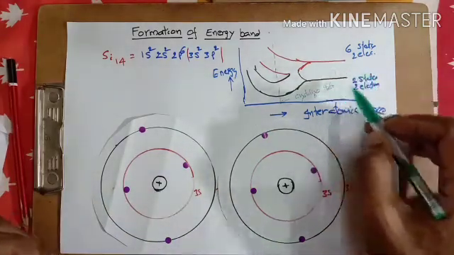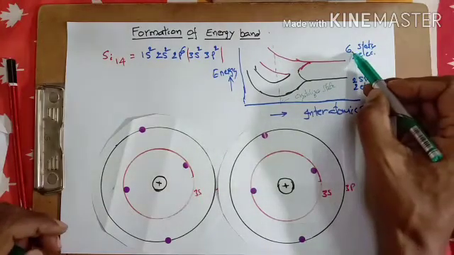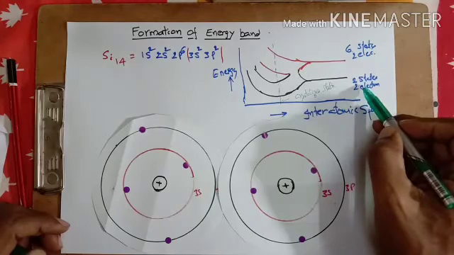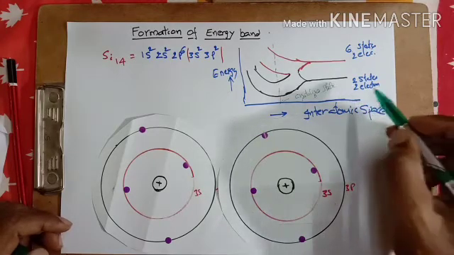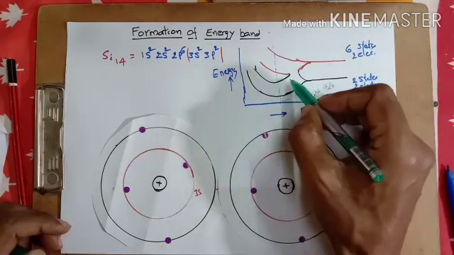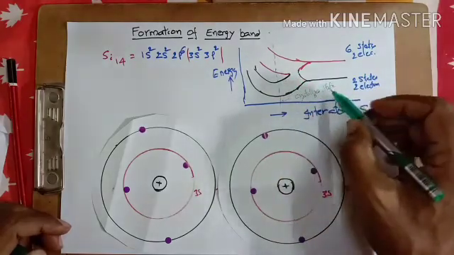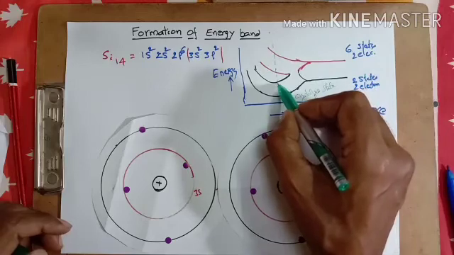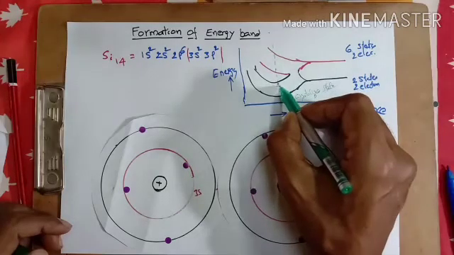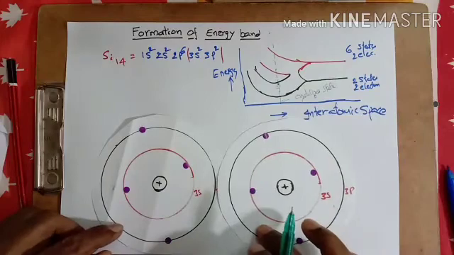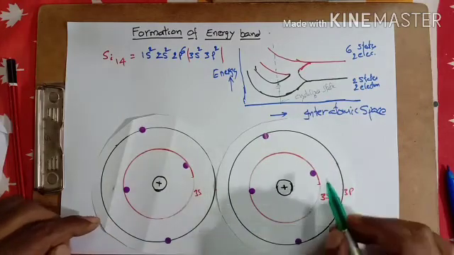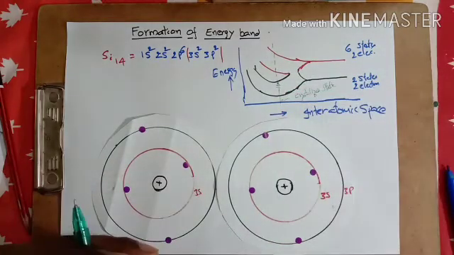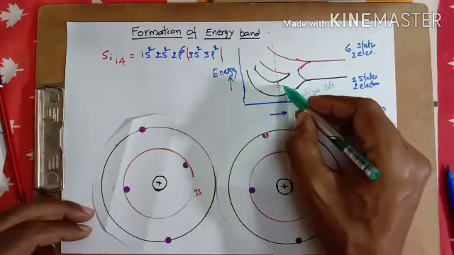Okay, now we can see what happens here. When the distance is very far between the atoms, there are 6 states in the p and 2 electrons only. There are 2 states and 2 electrons in the s. And when they come closer, what happens? They start spreading. All the electrons will come to the lower level, and the energies will not be at a particular level, but form a band there, and all the 4 electrons will come to this lower level.